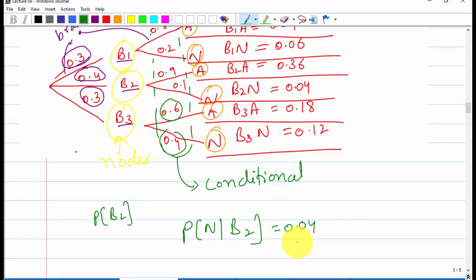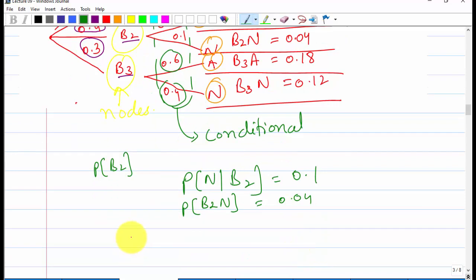The probability of not acceptable given B2 is a conditional probability, 0.1. So the probability of the intersection of these two, N and B2, is 0.04.